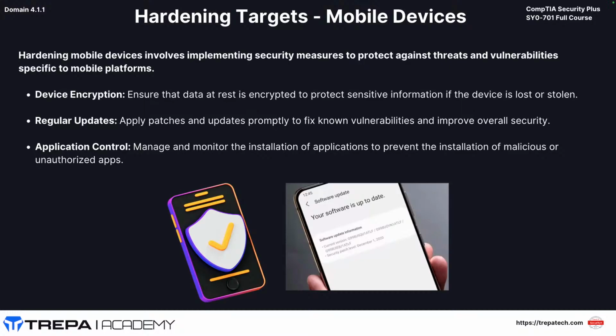We could also set application control on our corporate-owned devices that says, hey, you're not going to go to the regular Play Store. You're going to go to our corporate-owned Play Store, and that's the only place you can download applications. Now, all this stuff can be done through the use of mobile device management. That's just a software suite that allows you to do all these different hardening and security techniques for your mobile fleet of devices.